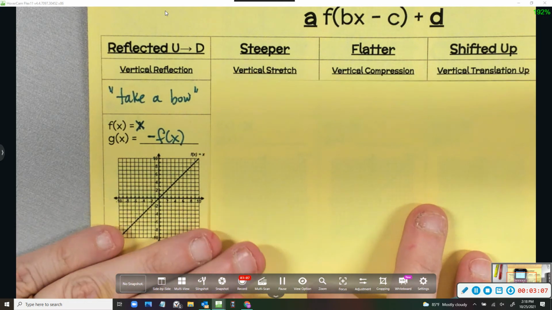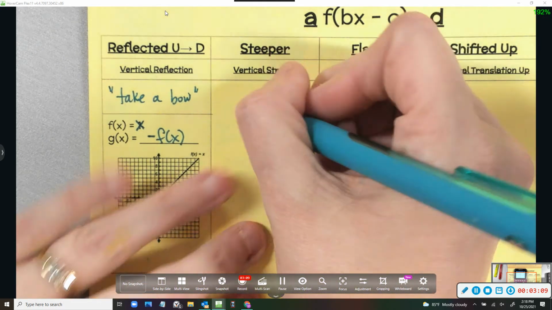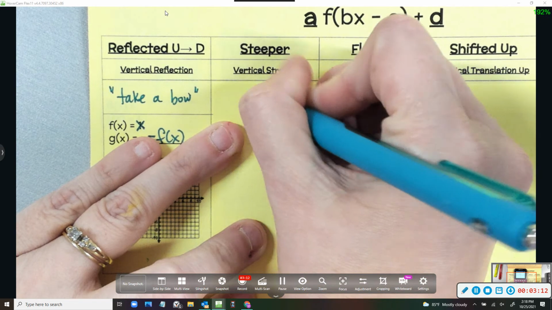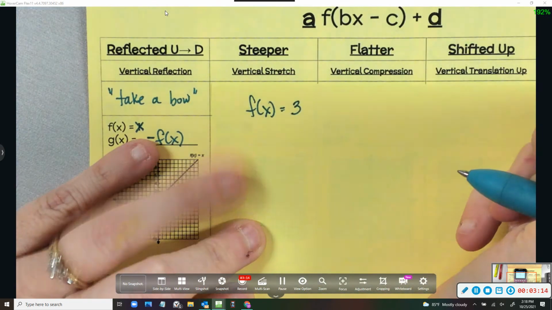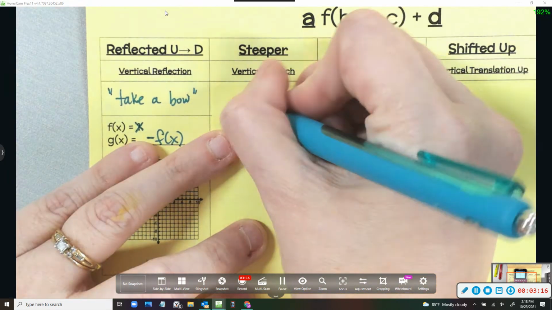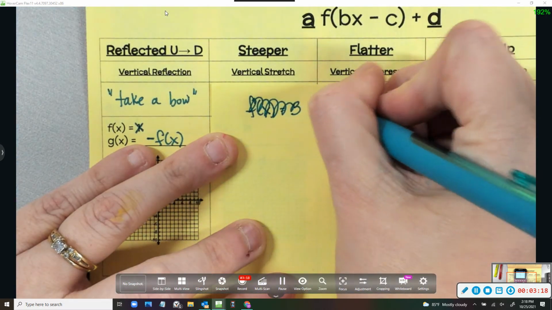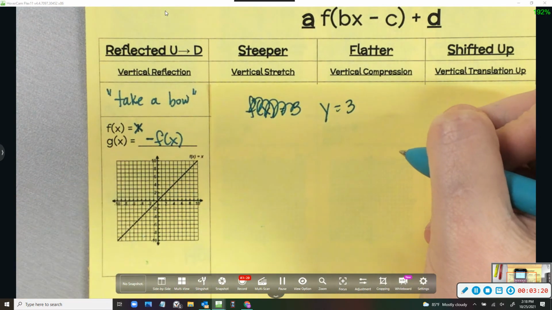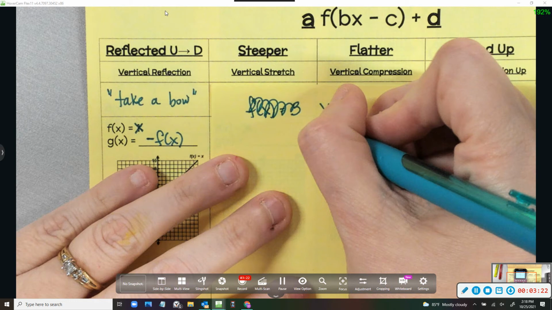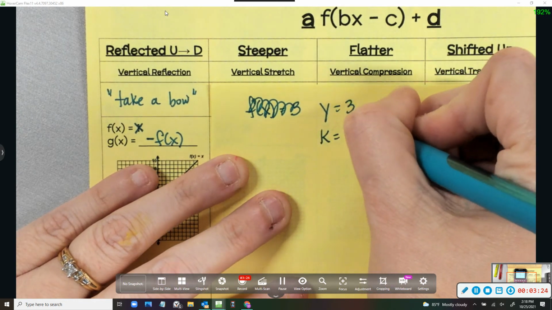Okay, so let's say I had f of x equals 3. Actually, let's go even simpler than this. Let's say I have y equals 3, and then I have k equals negative y.